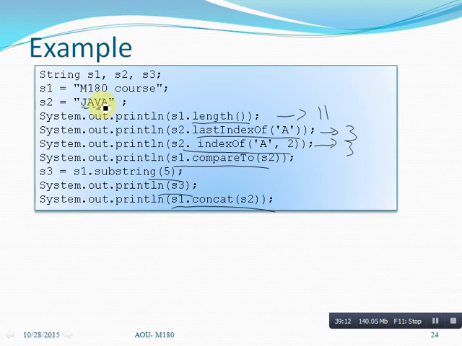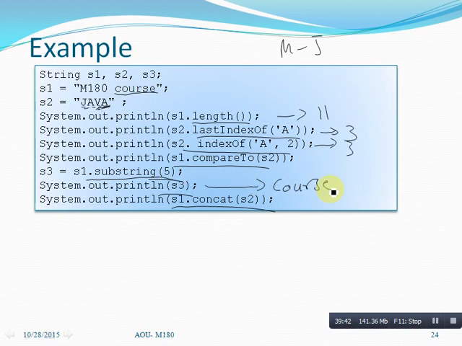S1.compareTo(S2): when you compare S1 with S2, it is M minus J. So you have to look at the value of M minus the value of J, and that value is written. S1.substring(5): the fifth character onward, so the result will be "course".